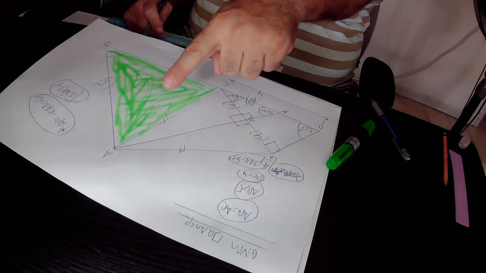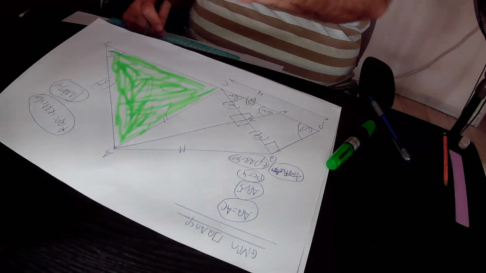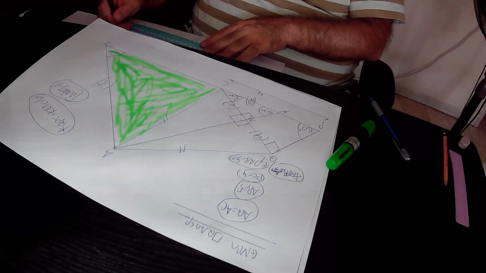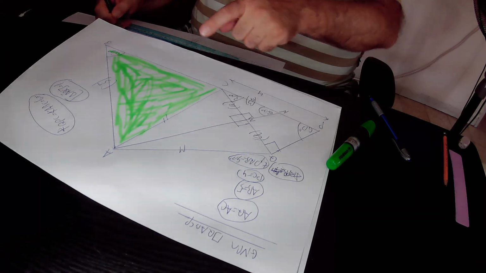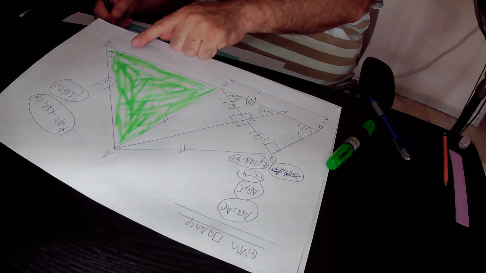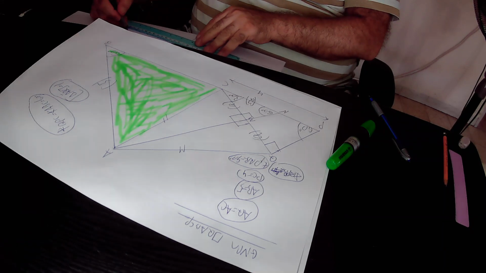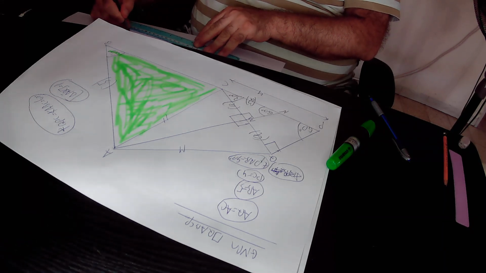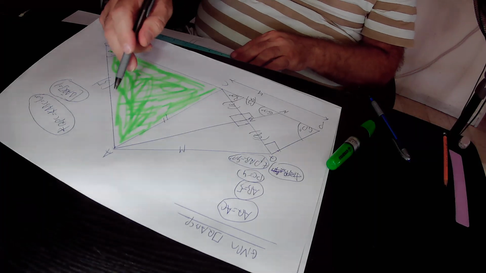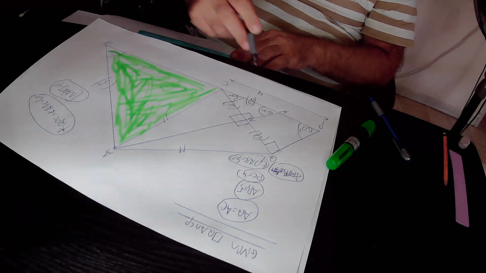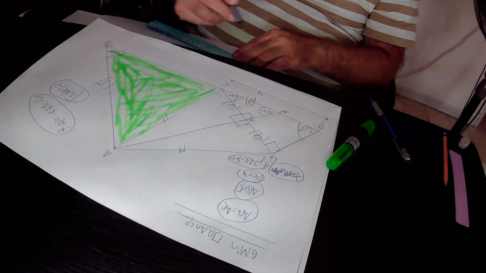Side AB of triangle NAB equals 5 units in its length according to what is given in the question. Angle ABC equals 60 degrees in size, also according to what is given in the question. And we have already found out that angle ANB also equals 60 degrees in its size.